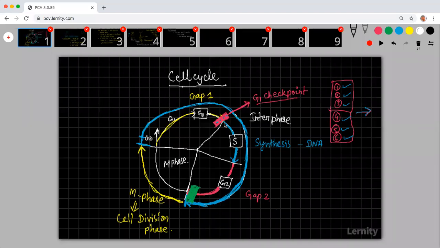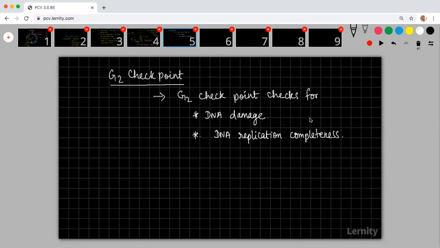Those factors are what we call cyclin dependent kinases. So G2 checkpoint will check for the thing.